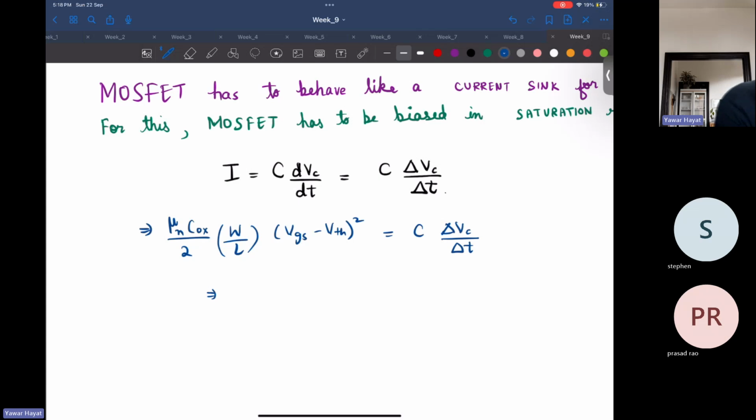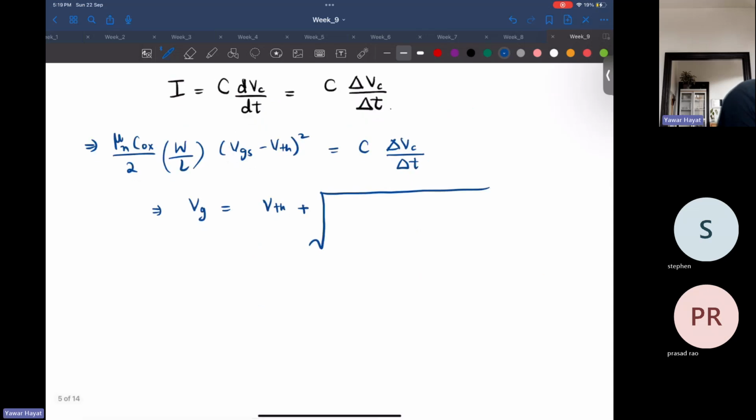This implies that if you solve it for Vg, it turns out this would be VTH plus the square root of 2C delta Vc whole divided by mu n Cox W by L times delta t, right?